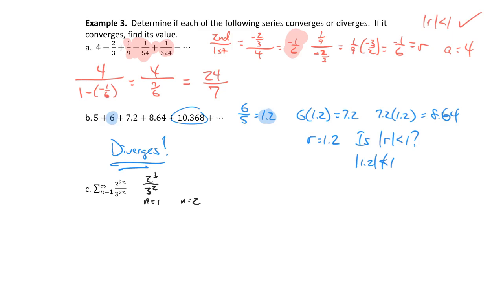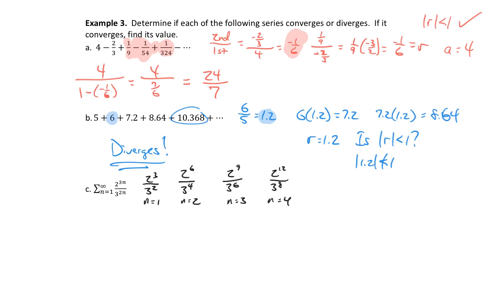When n is equal to 2, the numerator is going to be 3 times 2 in the exponent, 2 to the 6th. The denominator is going to be 2 times 2, which is 4, 3 to the 4th. If n is equal to 3, we end up with 2 to the 9th divided by 3 to the 6th. And if n is equal to 4, we'll do one more of these, we end up with 2 to the 12th divided by 3 to the 8th.